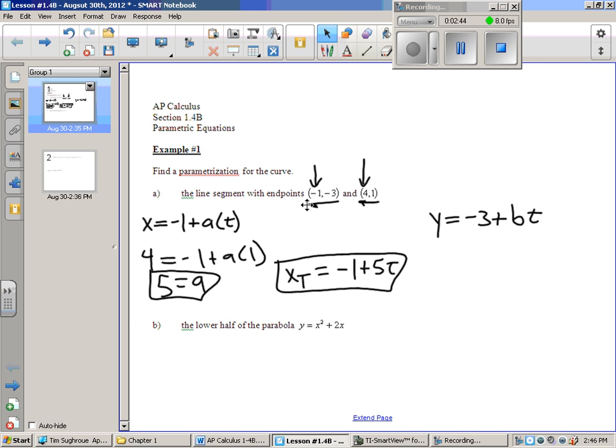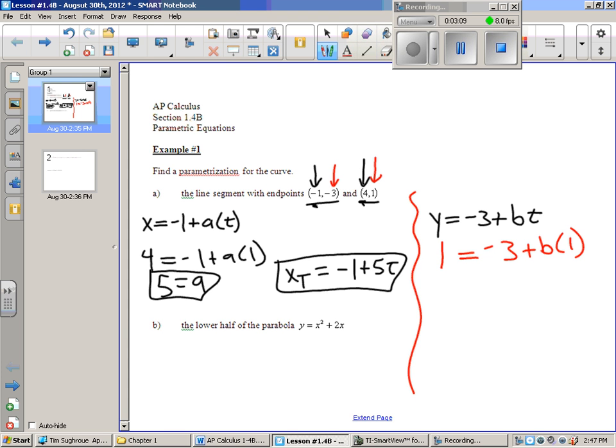I'll do the y-coordinate in a different color so that you can see. The y-coordinate, very similarly, is going to go from -3 to +1. And we might as well say in 1 time element. Whatever we use in the x, we want to use the same time element for the y. It's going from -3 to 1 in 1 time element.